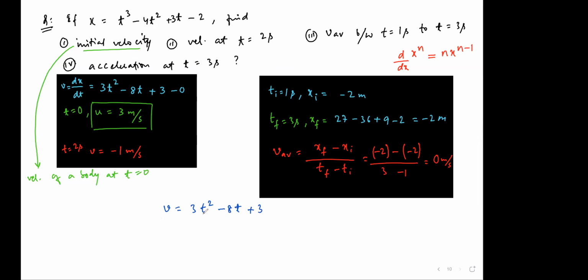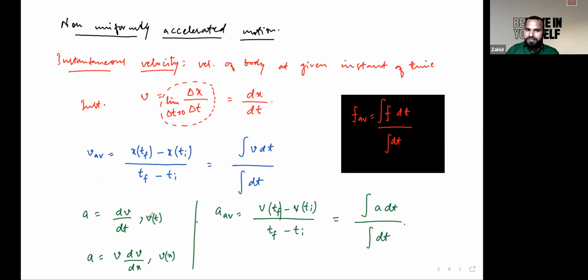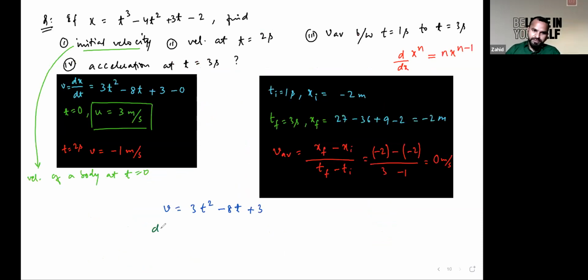It depends on the question. This velocity here is a time dependent function. So if velocity is time dependent, just differentiate it with respect to time. So you will get acceleration as dv over dt. But if velocity is a position dependent function or x dependent function, acceleration would be equal to v times dv by dx.